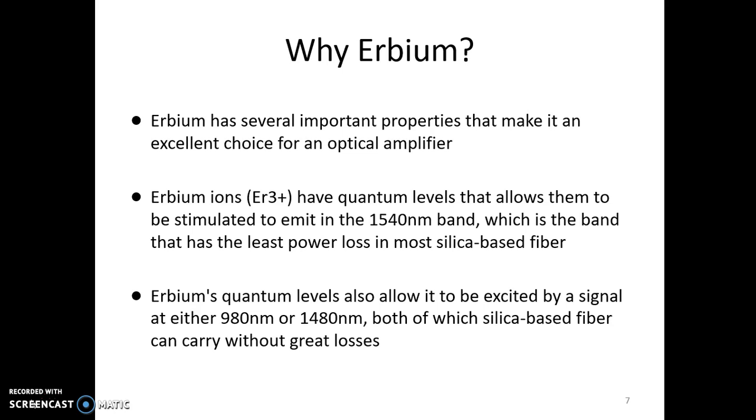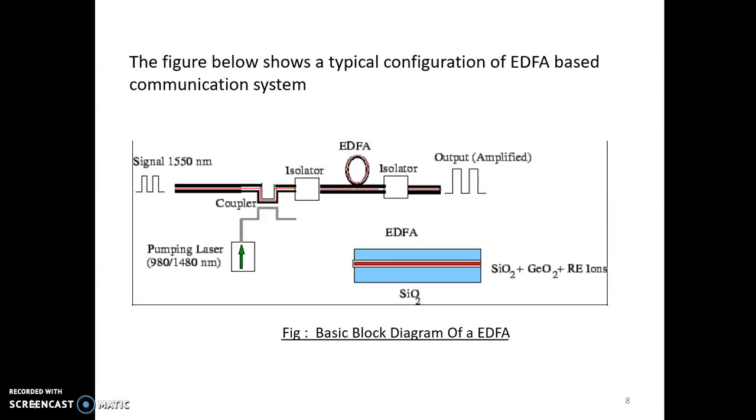Erbium ions have quantum levels that allow them to be stimulated to emit in the 1540 nanometer band. Erbium's quantum levels also allow it to be excited by a signal at either 980 nanometer or 1480 nanometer, both of which silica-based fiber can carry without great losses.